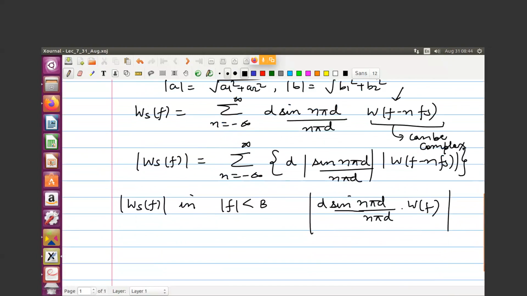This is the fact. So d is already positive, so d comes out. The sine term is real, so you need to take care of the negative sign, and for that you place an absolute operator here, and what is remaining is W. Because of this, the above expression which we have written is valid.